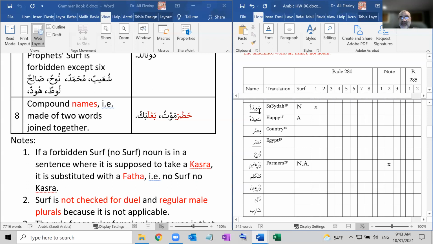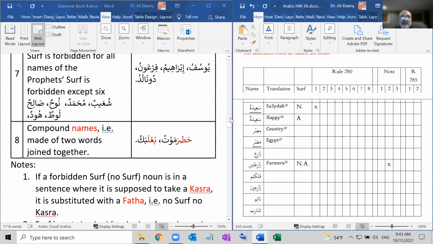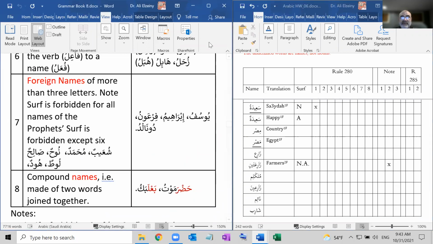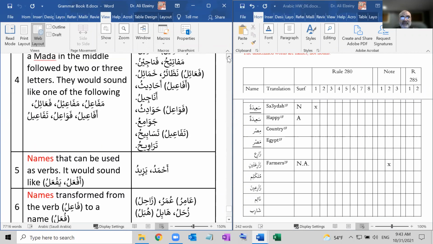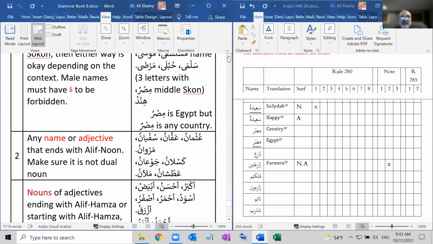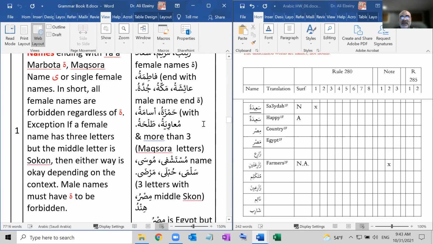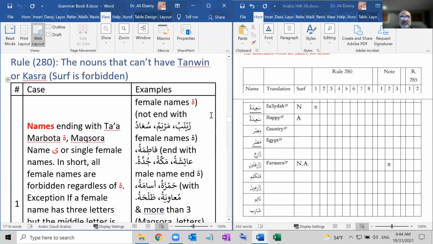When it is used as a name, the sarf is not allowed according to case number one of rule 280, because it ends with ta marbuta.